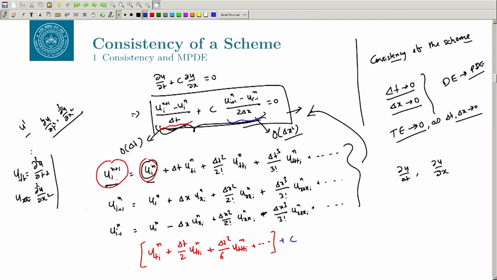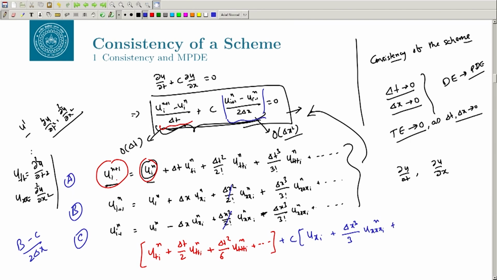If I call this a, b and c, I am doing b minus c by 2 delta x, and using the values, that will become c u_x at i, and this thing will anyway get cancelled out, plus delta x cube by 3 u_xx at (i, n).